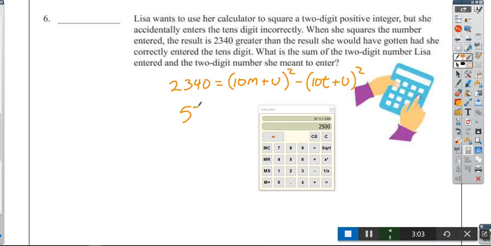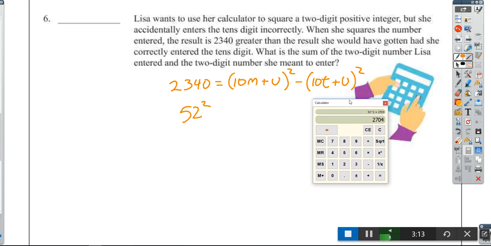So I'm going to try 52 squared. Okay, so now I get a number that is larger than the difference I'm looking for, which is a good thing. So 52 squared is equal to 2704.